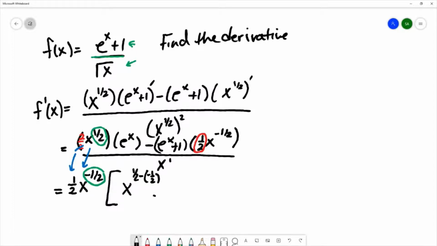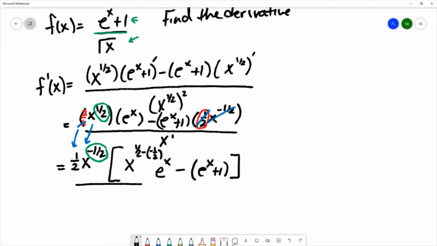I'll still have that e to the x there. And I'm still going to have e to the x plus 1 in the second term. The 1/2 will factor out, and this x to the negative 1/2 power will also factor out. And this is still over our denominator.